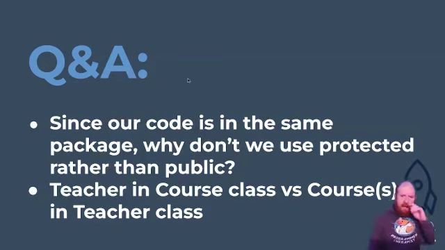Right. I picked up 2 Q&A things from Discord, and I'm going to try to explain these. Since our code is in the same package, why don't we use protected rather than public? As a general rule, if you use protected first and then you want to expand it, it's really hard.